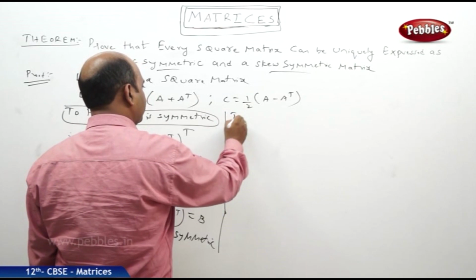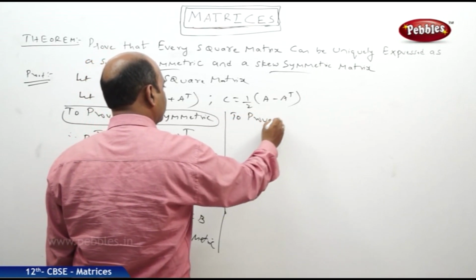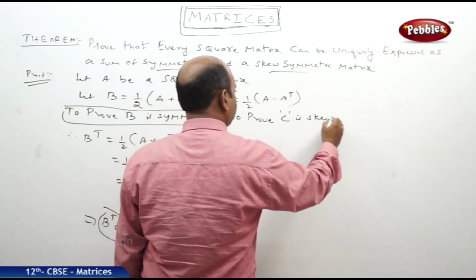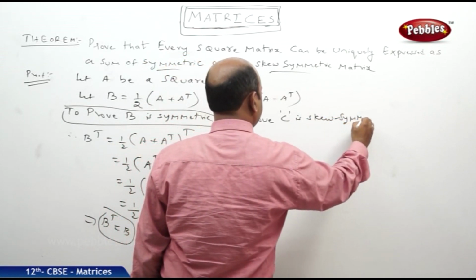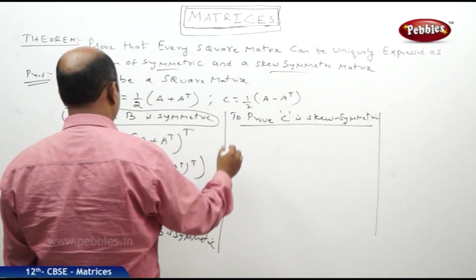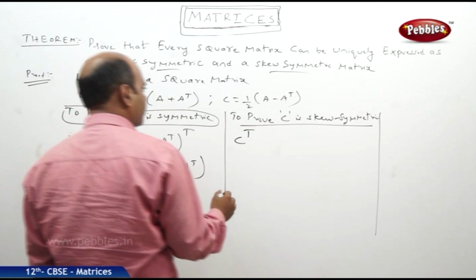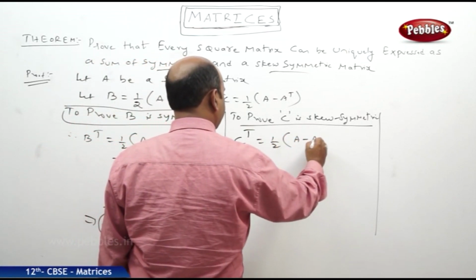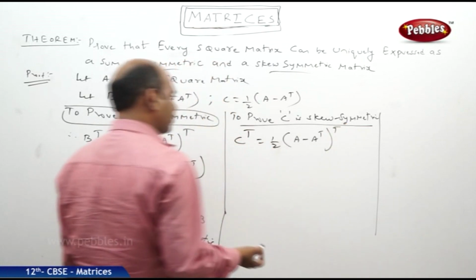Later again, to prove capital C is skew symmetric, I will be finding out C transpose. C transpose means 1 by 2 into A minus A transpose whole transpose.